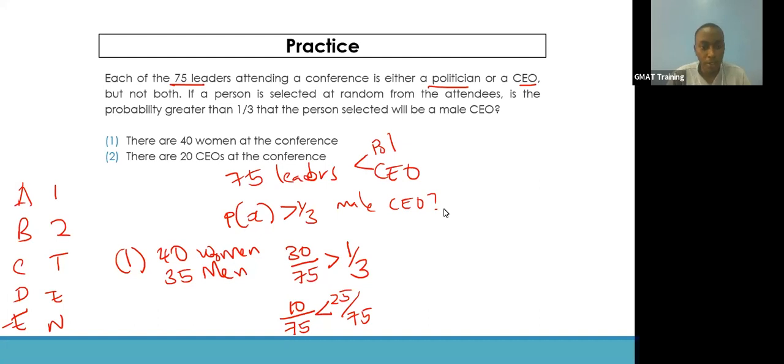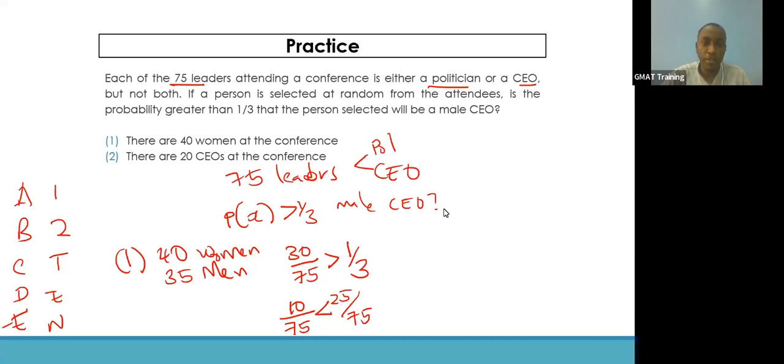And you can have various values, but in this case, we don't have a sufficient yes or a sufficient no. We need to have a consistent yes or a consistent no. If you have 30 men out of 35 being CEOs, then yes, the probability will be greater than a third.